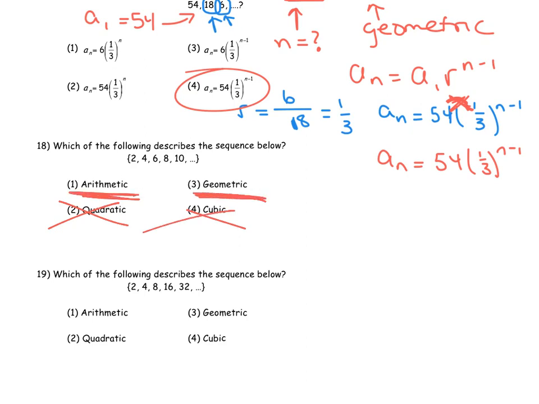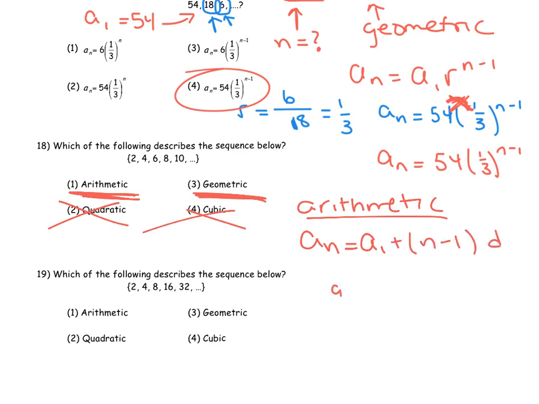As a reminder, for arithmetic sequences we follow the formula a sub n equals a sub 1 plus n minus 1 times d. And for the geometric, you've got to know this formula. The arithmetic formula you don't need to memorize, but the geometric one you do. That's a sub n equals a sub 1 r to the n minus 1.